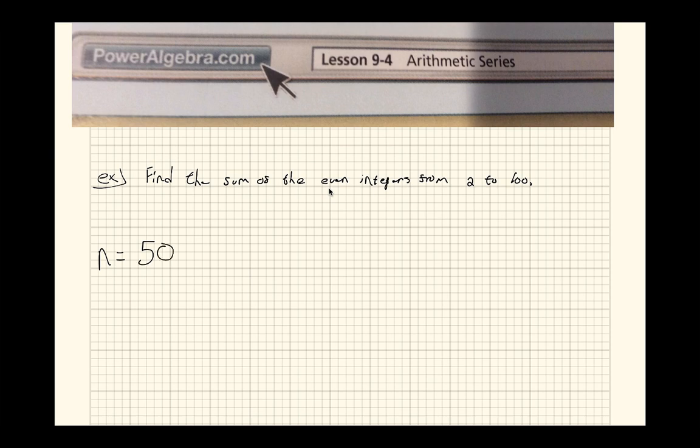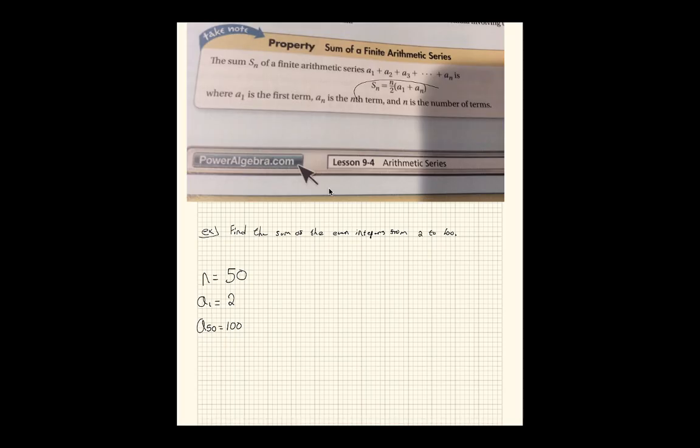So n should be 50. My first term is given as 2, and my last term, a sub n or a sub 50, is 100. So I can just plug that into this formula.